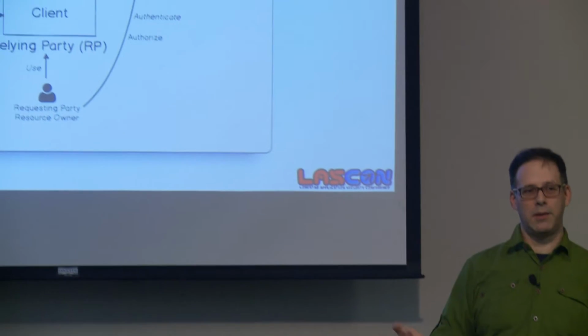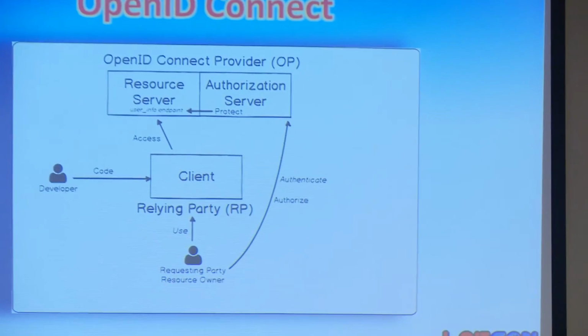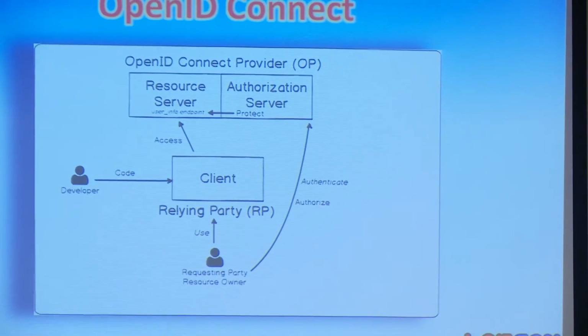Now, it's sort of confusing because the OpenID Connect specs are not meant for developers and are not very user-friendly. What's confusing is it seems like there are only two parties, and we know that OAuth is three-legged. So how do we get these two parties?